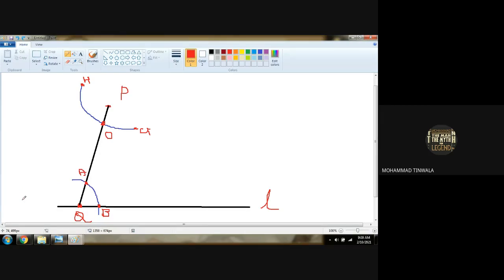Now what we have to do is open the rounder and pencil. Keep the pointer of the rounder on A and take the pencil to B, and you will get the new measurement.